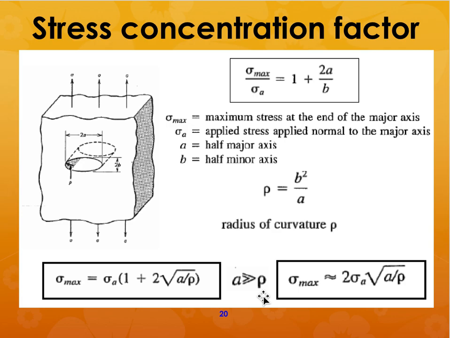Say for example, if it is a circle, then this gets down to 2 times applied stress into under root a over rho. Okay, so from that you can actually calculate these values. I might give you some examples based on that, so you can calculate those values of stresses, or the stress concentrations.